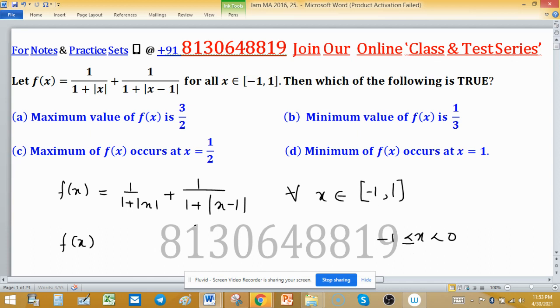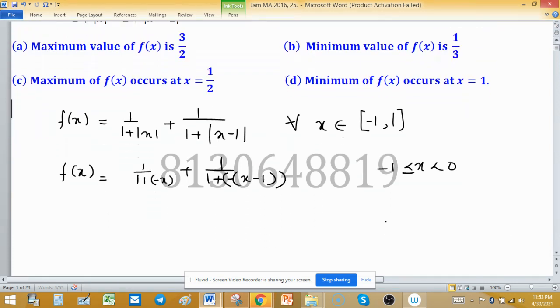So f(x) will be 1/(1-x) + 1/(1+(x-1)). It is for negative values, means for negative values x is negative, so the absolute value is minus of x, and it is also minus of minus x.